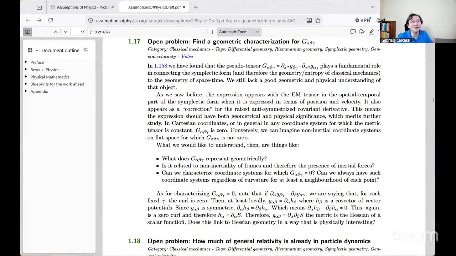And so the question is, can we make sense of this pseudotensor, understand what it is, and characterize it? Since it appears so naturally, the instinct should be that it is important.